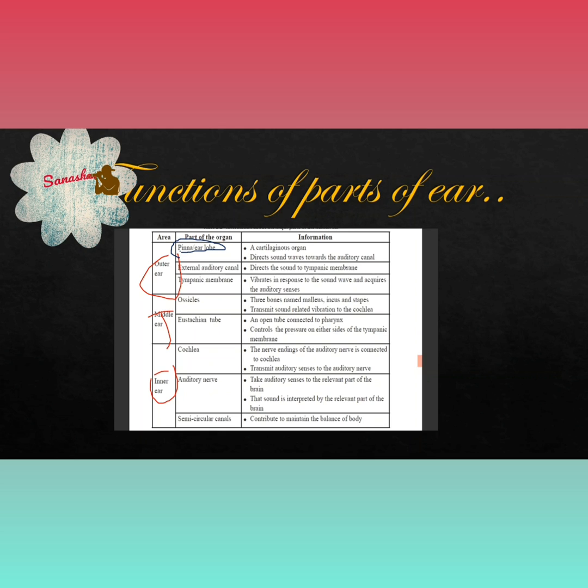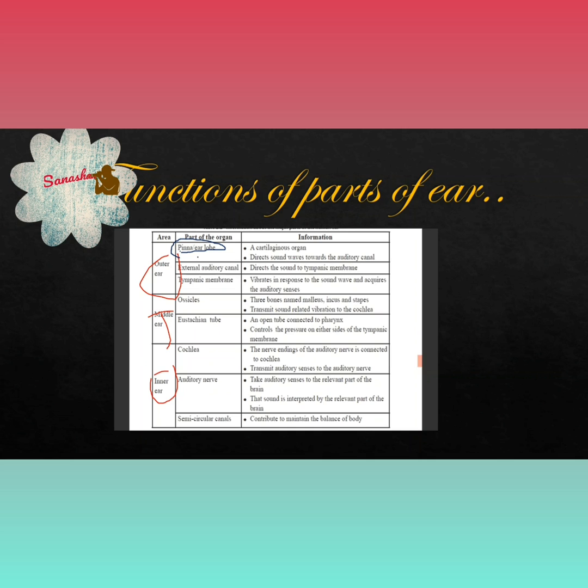It is very similar to the thing that I told earlier with the picture description. So now I'm going to read continuously because you have got a good knowledge of each and every part in the ear. So pinna and earlobe, a cartilaginous organ, direct sound waves towards the auditory canal.